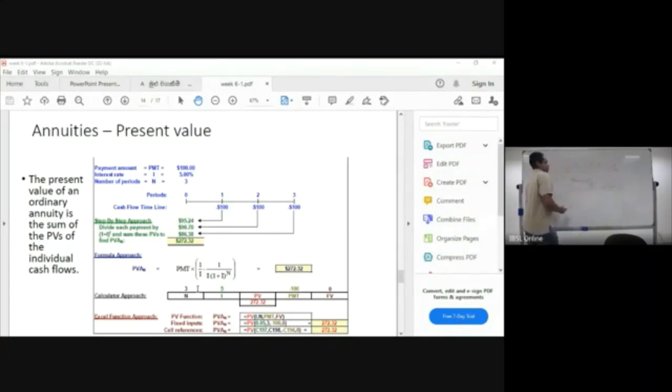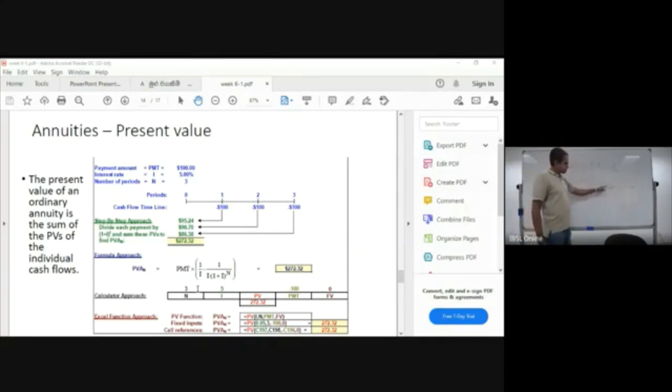So it's similar to an annuity. The only difference is the time period is infinite, which means n goes to infinity.